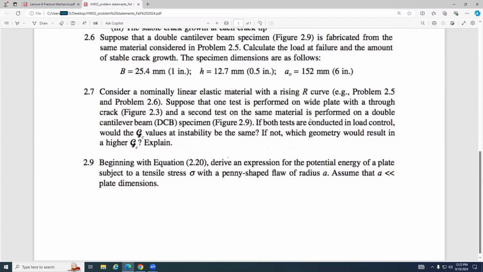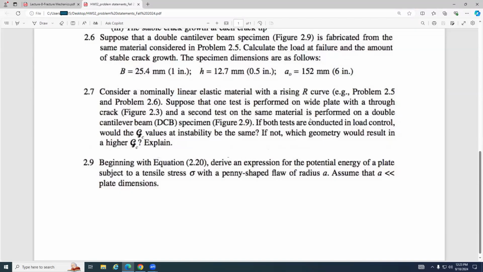So this is the same R, but one is linear, for the through crack, and for the DCB it is a parabola. Without loss of generality, I just draw a parabola.